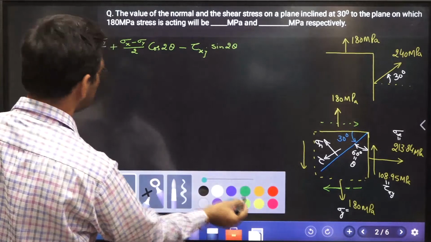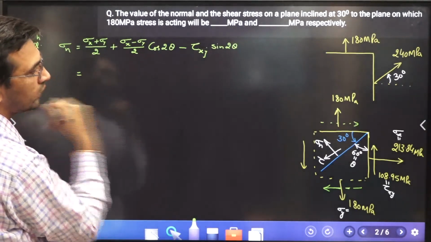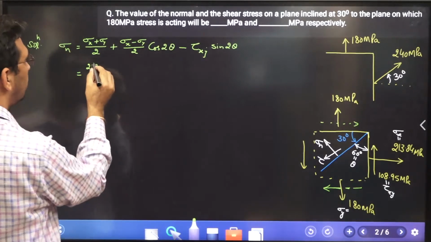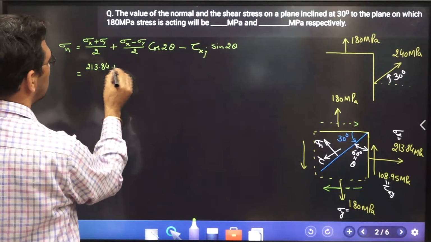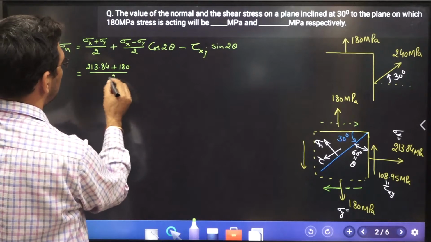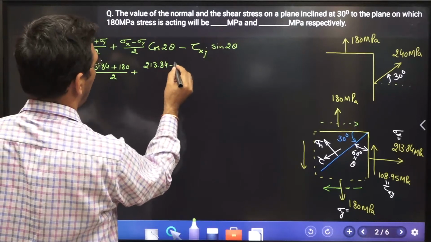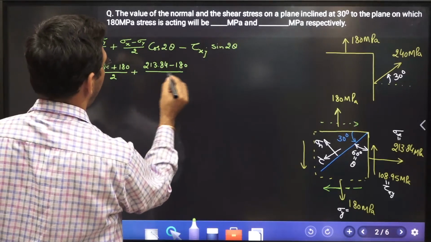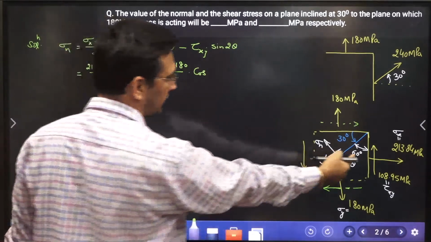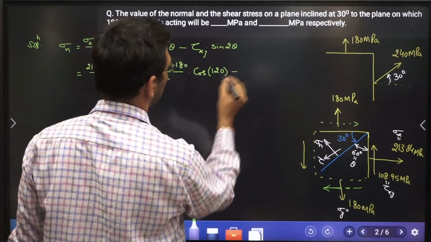So I'm writing this value over here. What is sigma x? You have 213.84 plus sigma y 180, divided by 2, and it is going to be cos 2 theta. So what is cos 2 theta? Theta is 60, so it is going to be 120, minus what is tau xy?